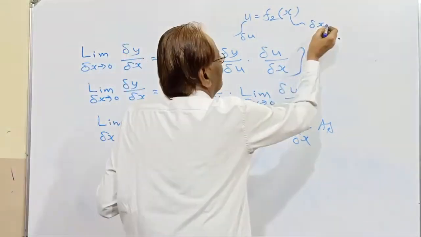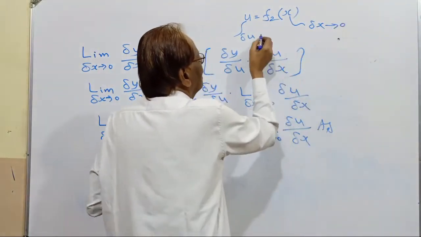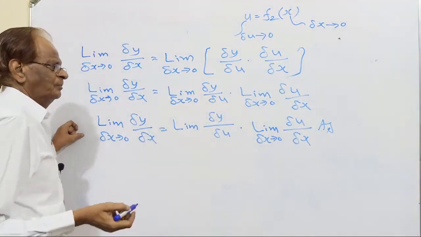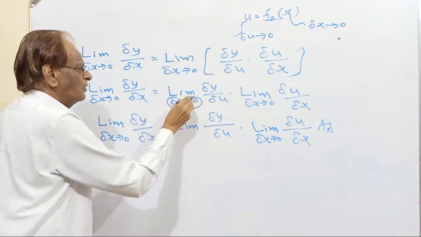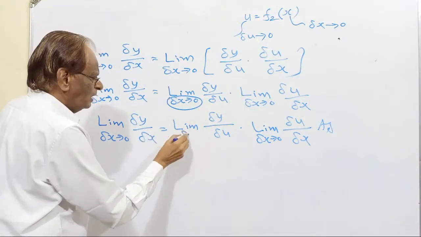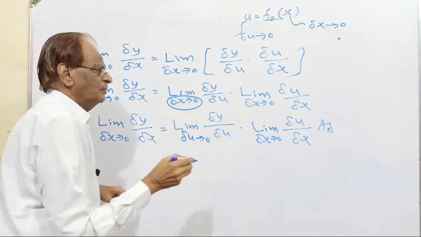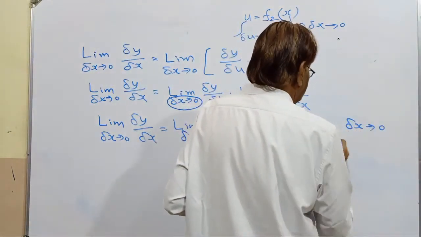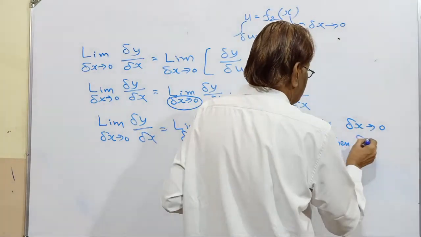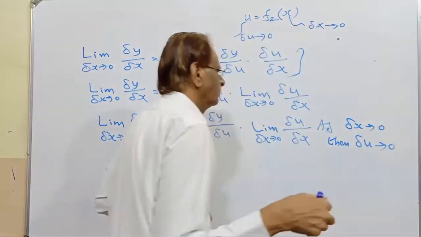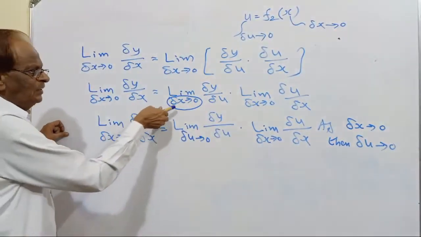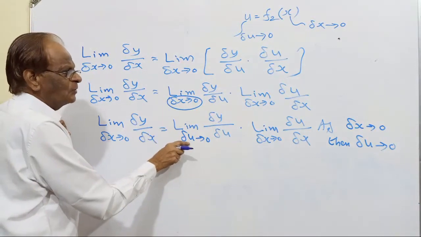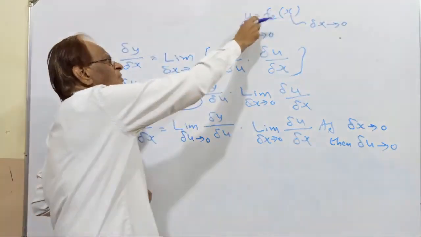If delta x approaches 0, correspondingly delta u also approaches 0. When delta x approaches 0, delta u also approaches 0 as per this function.